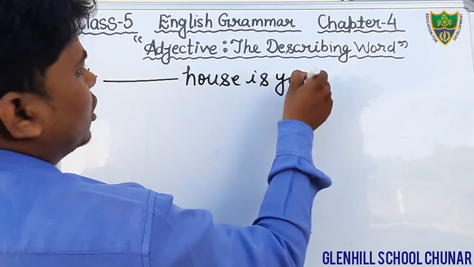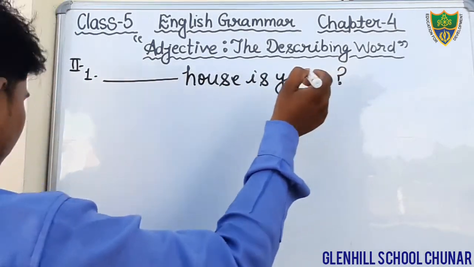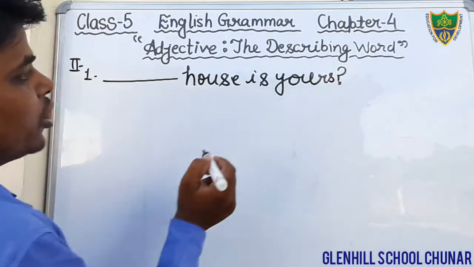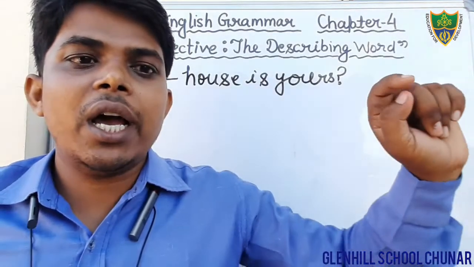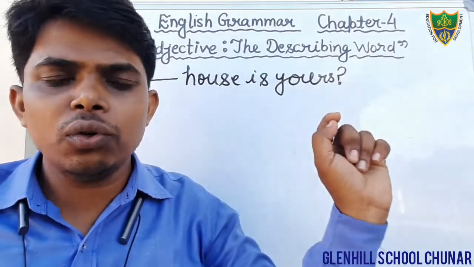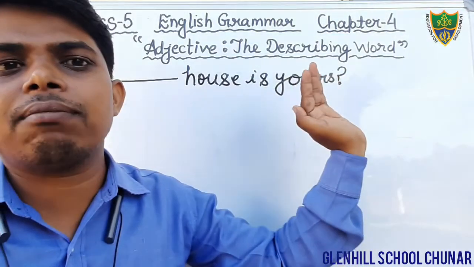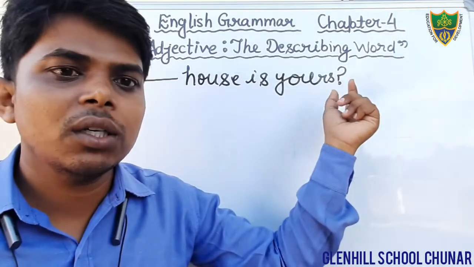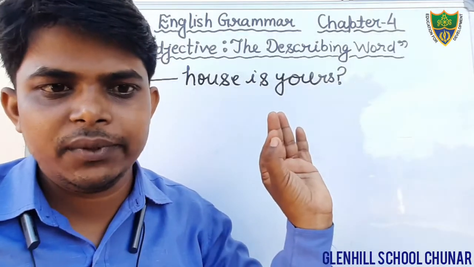This is your question given in your book. And in the last there is a question mark. While teaching the kinds, I have already told you that where you find a question mark at the end of the sentence, you should understand that it is a question.